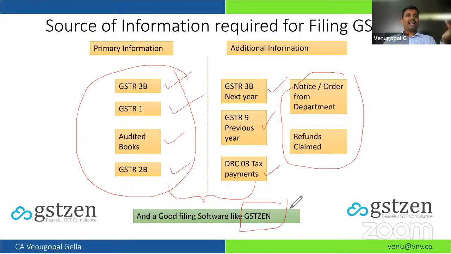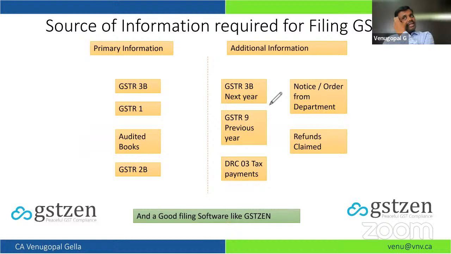You don't need to have the hassle of the GSTN portal, Excel enabling macros, trying to work it, all those things. The beauty of GSTZen is that it is a seamless interface. You don't need to go to the GSTN portal. Everything can be done on the GSTZen portal. And next, you will also have a validation utility. There is a data validation to see whether the data is correct or not.